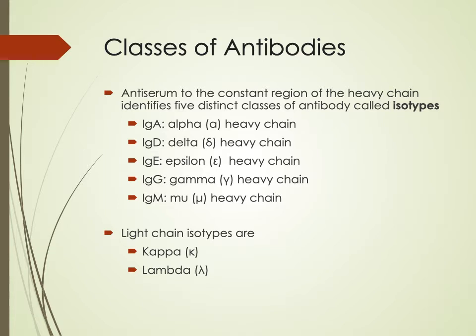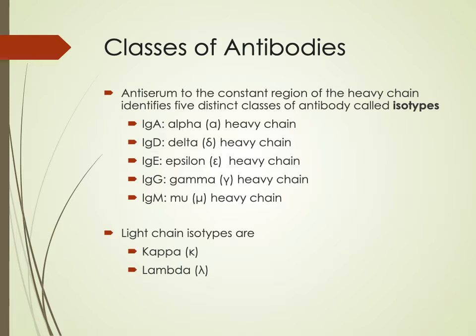This class switching happens because some heavy chains are better at binding than others. IgGs tend to have a higher affinity than IgMs. So if you're a memory B cell, you like to be producing IgGs versus IgMs.